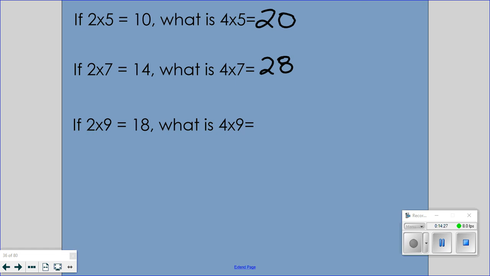A little bit of regrouping happening. Gio? Let's think about it. 2 groups of 9 is 18. So what would 4 groups of 9 be? 36? Yes.